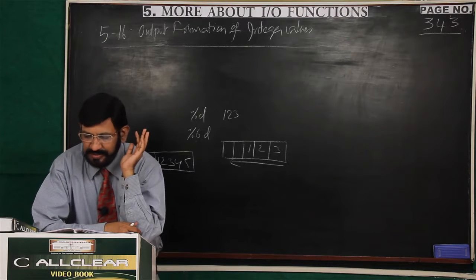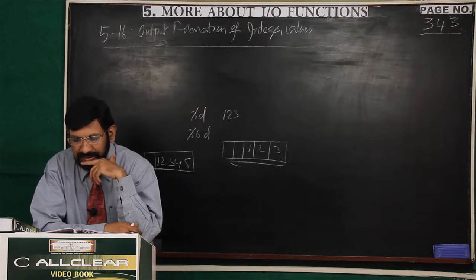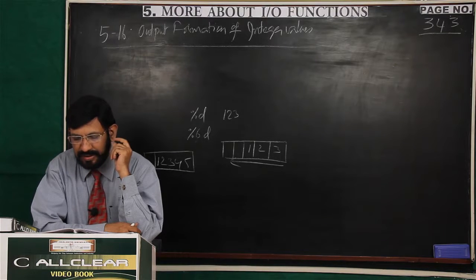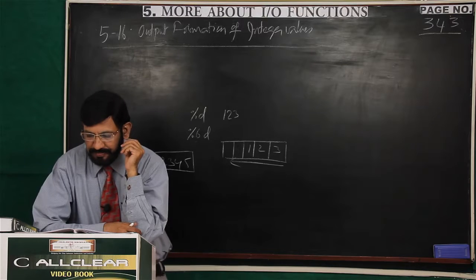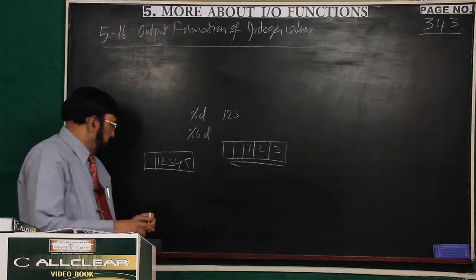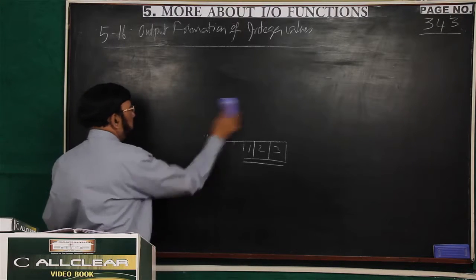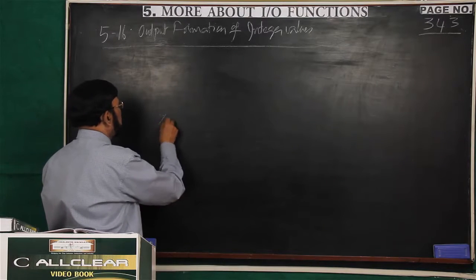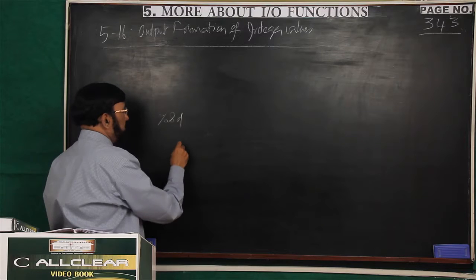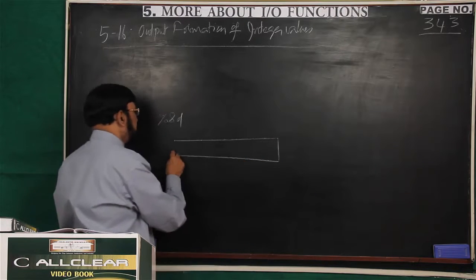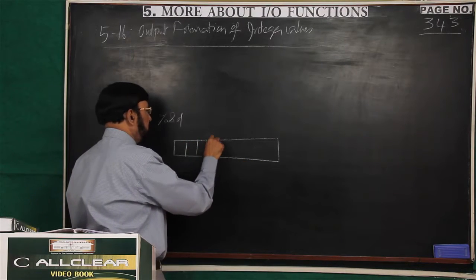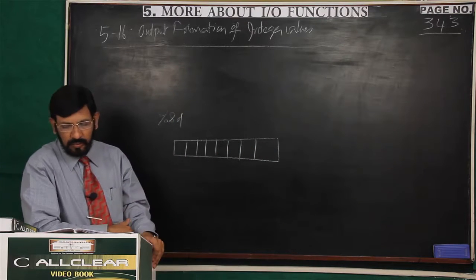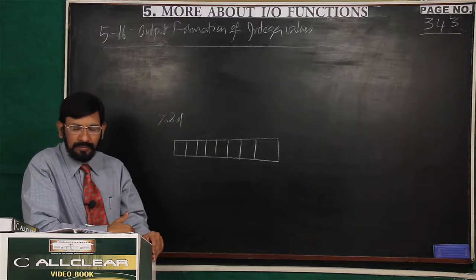And the next case, B case. Here %8d. What do you mean by that? 8 spaces, 1, 2, 3, 4, 5, 6, 7, 8, are to be allocated for printing your number.